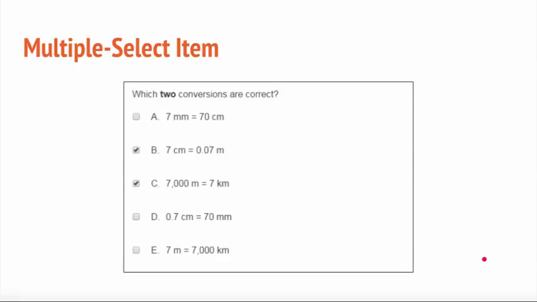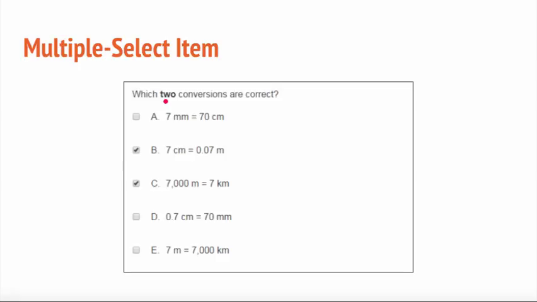All right, so here's an example of a 1-point multi-select item. Just to highlight, this is kind of a nice thing. This is similar to what Park had done last year, but this hopefully alleviates some of the concern. In the middle school, they would write a question that said, which conversions are correct?